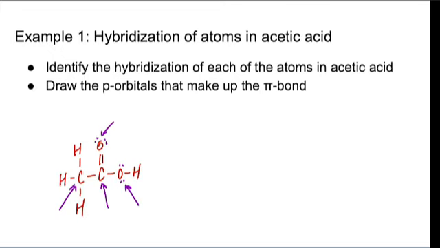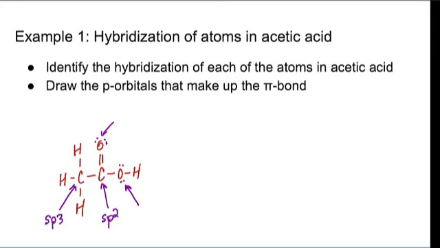So the carbon with 4 regions of electron density, this first carbon, 4 regions of electron density is caused by having 4 sp3 hybrid orbitals. So that's sp3 hybridized. The carbon with 3 regions of electron density has 3 hybrid orbitals around it, and those are sp2 hybrid orbitals.